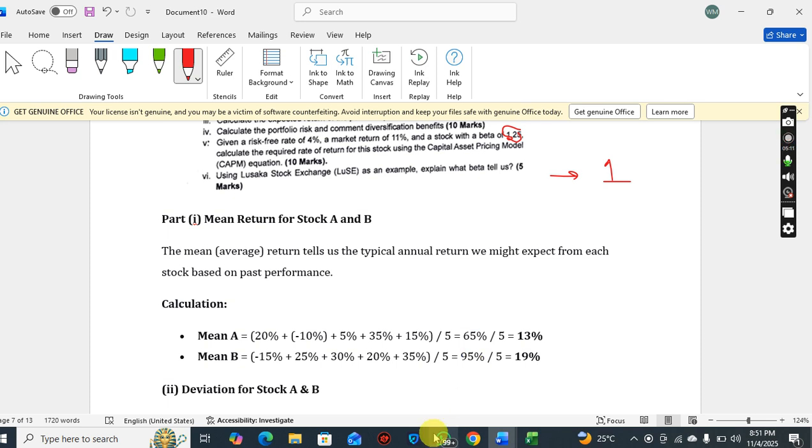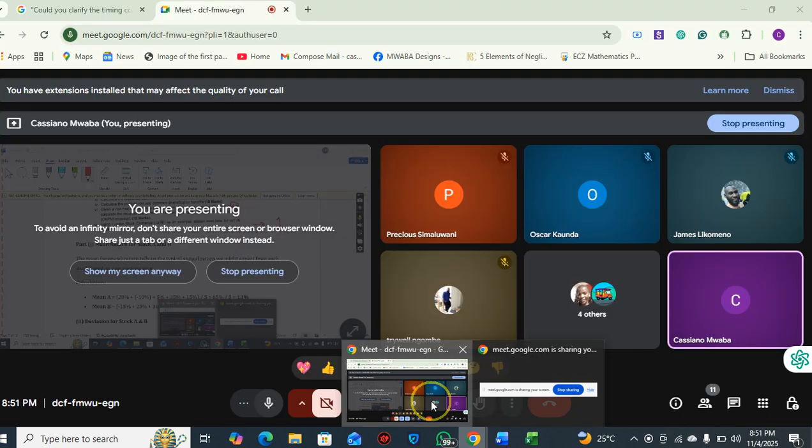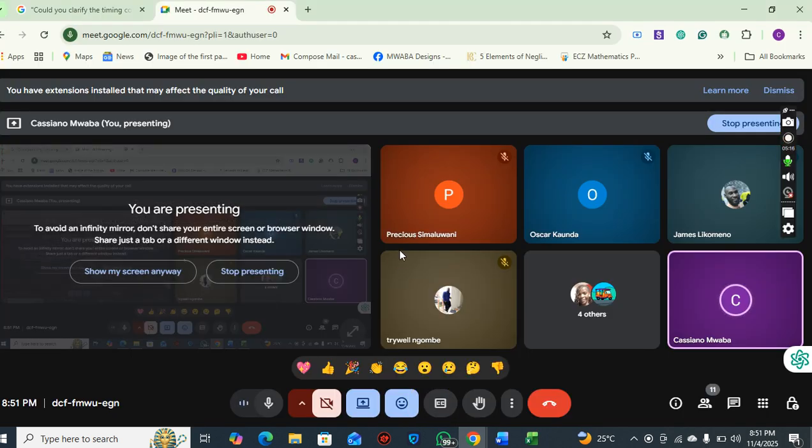A market index, colleagues, is just one number that represents a lot of things. When we say a market index, it's a collection of various companies being represented in one market. You've heard of the Nasdaq, the Dow Jones.